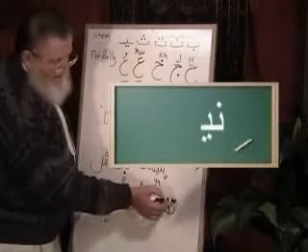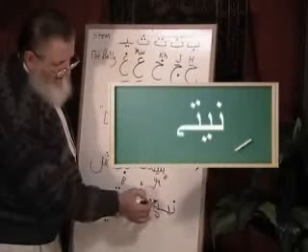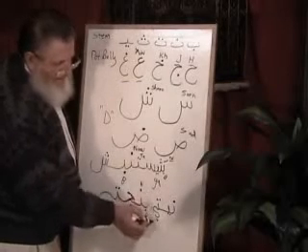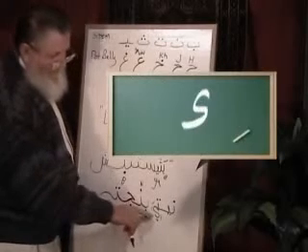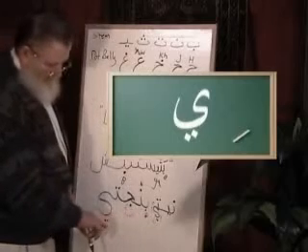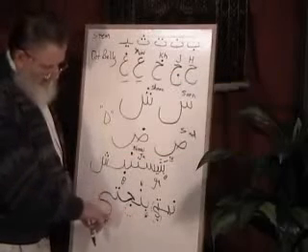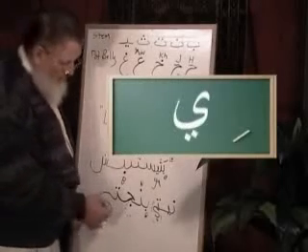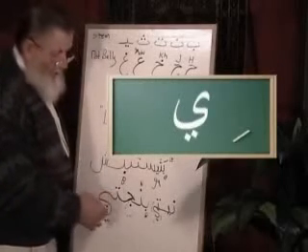Because this is na, that's ya, and this is ta, and this is what it looks like when it's at the end of the word by itself. It's called ya. See it? And it has two dots. Whenever you see this, it looks kind of like an S. That's actually a ya in the Arabic, at the end of a word.